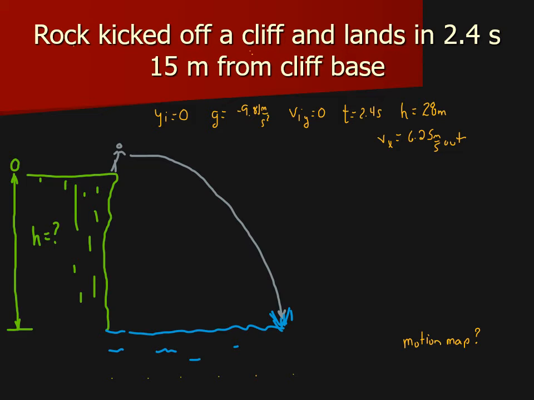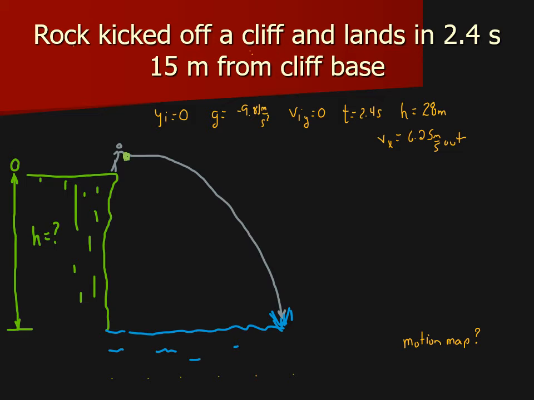Okay, well, here I've just erased some of the material, so it's not as busy of a slide. All of my knowns are up here at this point. If I wanted to do a motion map, I can actually do it right on this diagram. So let's say this is 0 seconds. If I do only 1 per second, I'm only going to get 2 dots here, so I'm going to do 1 every half second.